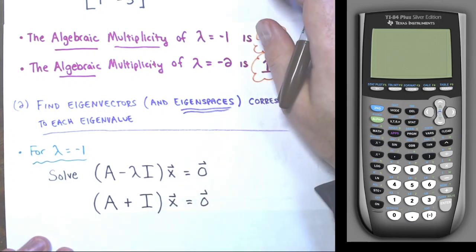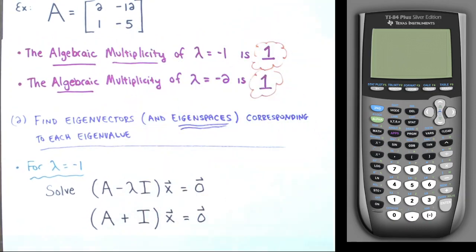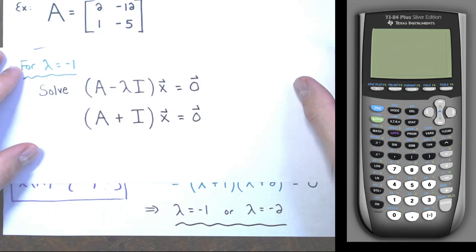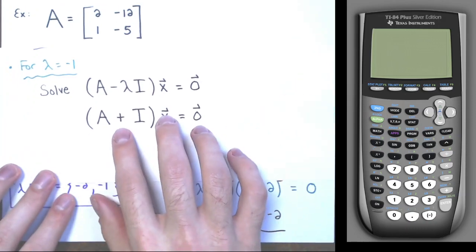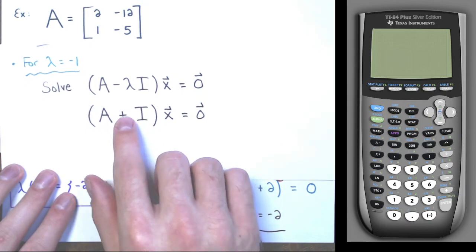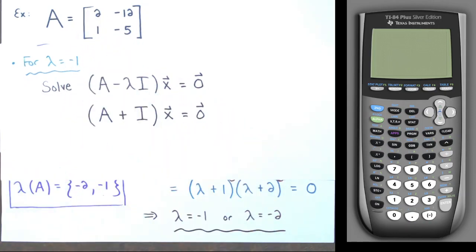Now, matrix A is up here. What would A plus I look like? Well, that's simply adding 1 to the main diagonal entries.